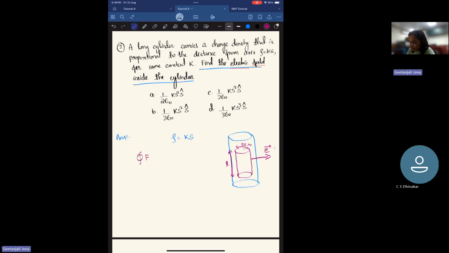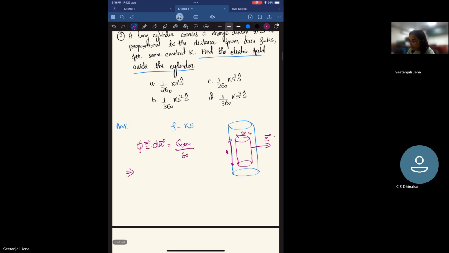We can use E dot dA is Q enclosed by epsilon. Because the electric field is in this direction, only this area element will contribute to the total flux. And the area of this curved surface will be 2 pi SL, right?